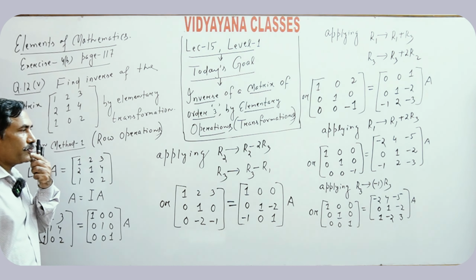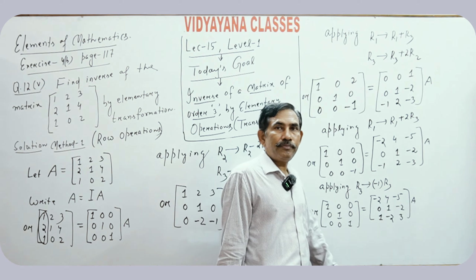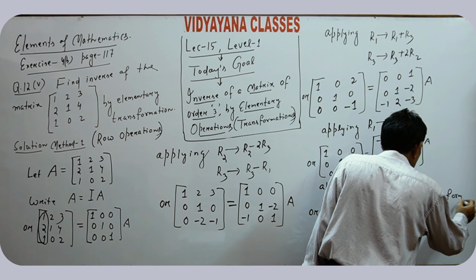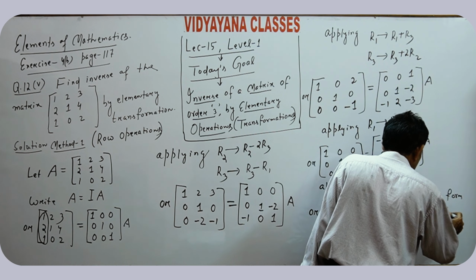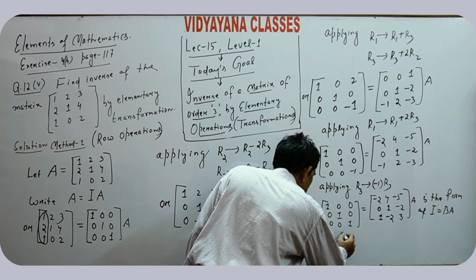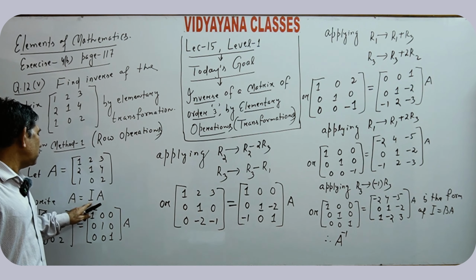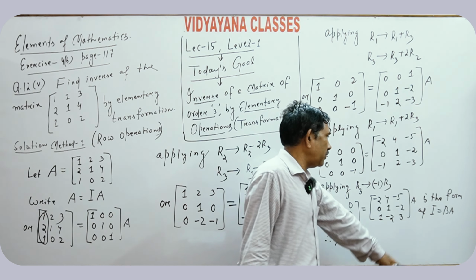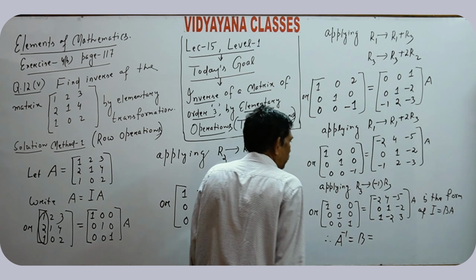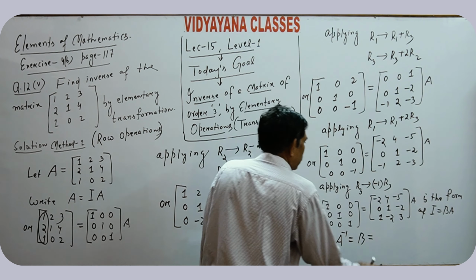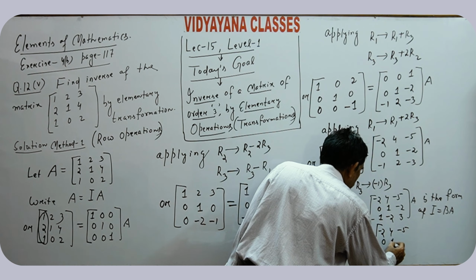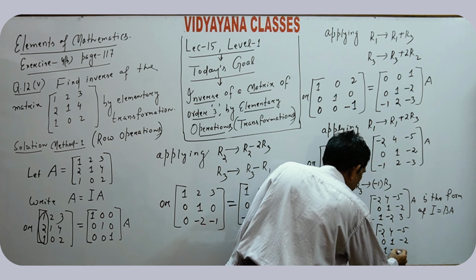It is of the form I is equal to BA. Therefore, inverse of A: if A is equal to IA takes the form of I is equal to BA, B is called the inverse of A. Therefore, A inverse is equal to B, which is given by minus 2, 4, minus 5, 0, 1, minus 2, 1, minus 2 and 3.